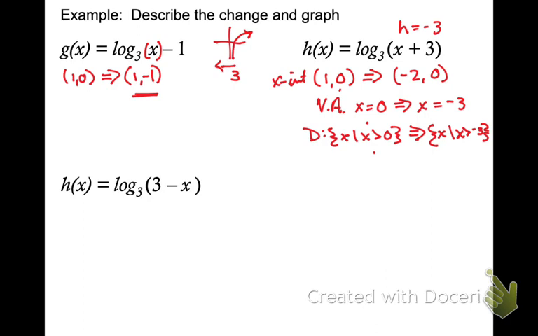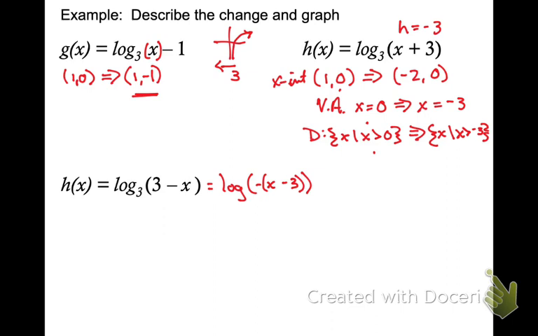Oh, shoot. This one's weird. I probably should rewrite it, right? How did I rewrite that? I put the negative in front, right? And then did I factor it out of the 2? Yes.